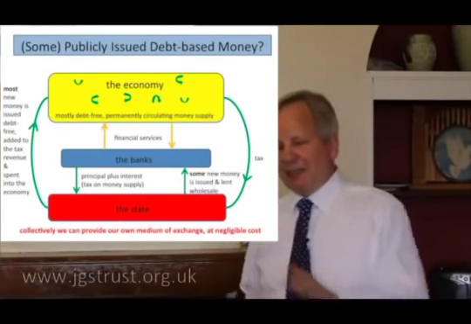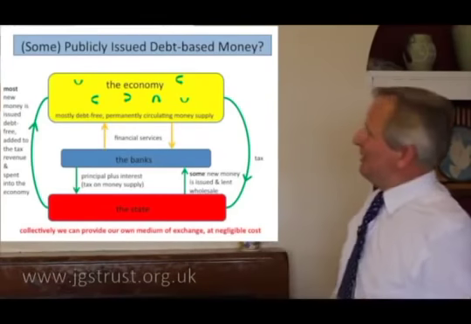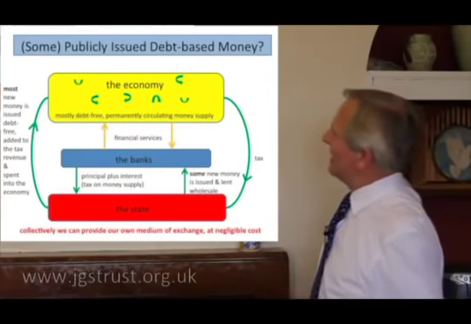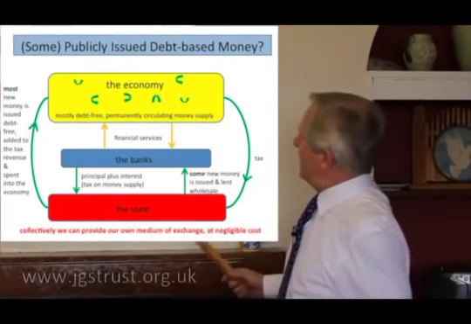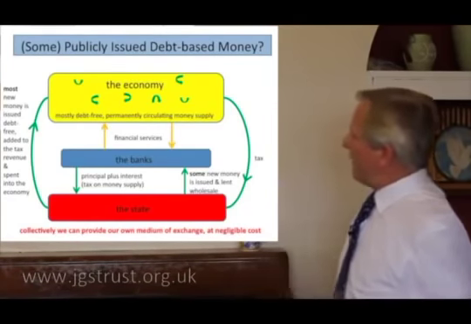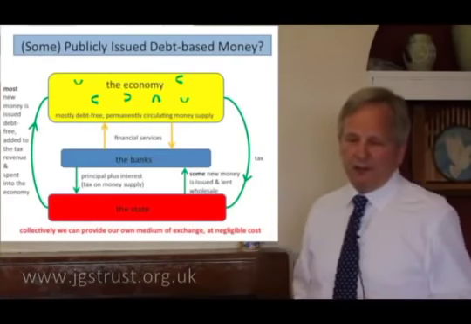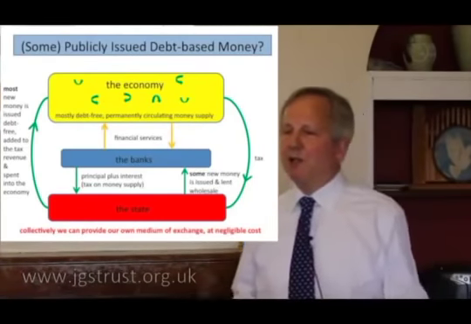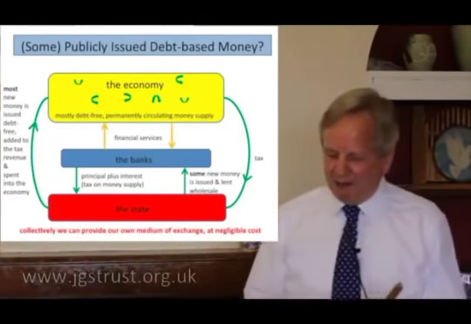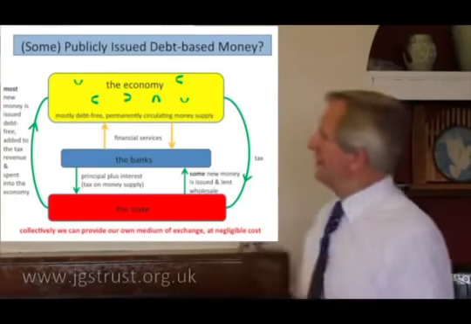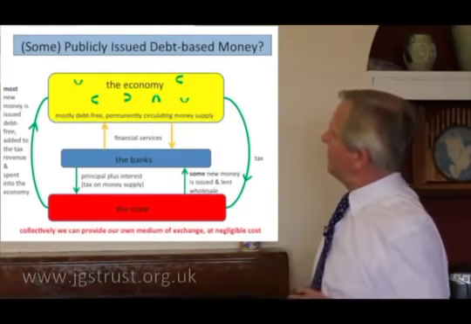So I'm just having a dig at the anarchists here who I often debate with on the internet. So collectively we can provide our own medium of exchange, our own bunch of numbers at negligible cost. You know, you have to pay some guy to type them in, sure, but it's not a big expense. So that's the alternative which we're all working towards.